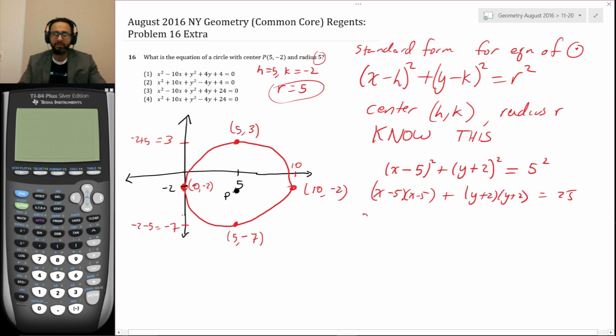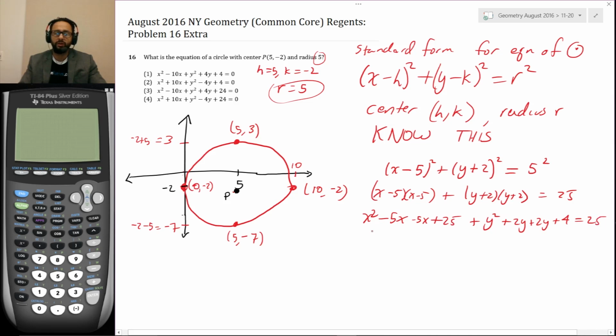So x times x is x squared, x times negative 5 is minus 5x, negative 5 times x is minus 5x, negative 5 times negative 5 is 25, and then y times y is y squared, y times 2 is 2y, 2 times y is 2y, and 2 times 2 is 4, and that's equal to 25.